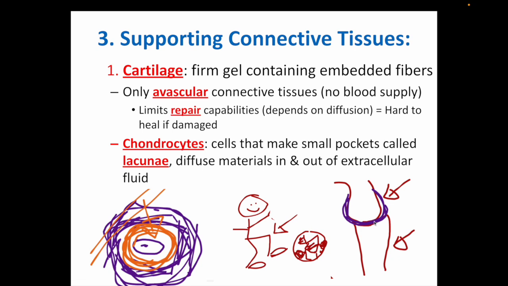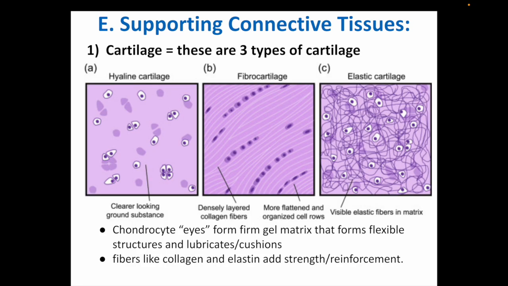So if you tear this, it might take months, it might take years to even heal decently. And even then, sometimes you won't ever get it to fully heal, and the best thing you can do is just shave off the damaged part, which is something you might hear about a lot in sports, where people have no knees, quote, because their meniscus keeps getting busted and they keep having to get knee surgery to shave down the meniscus so it's still playable.